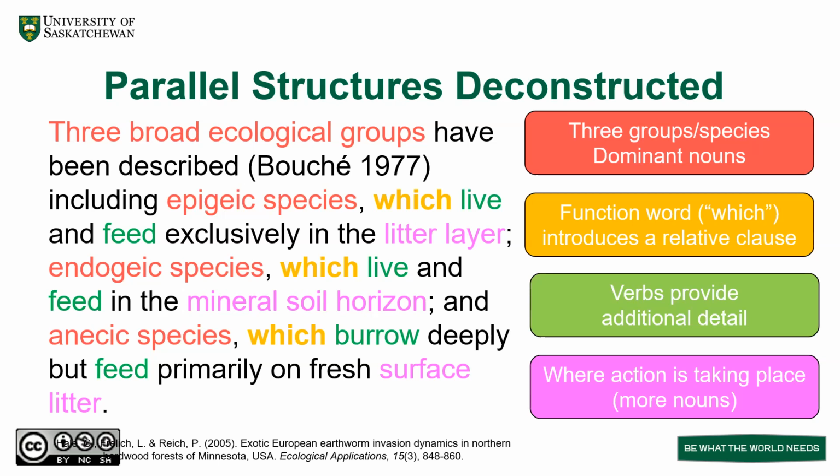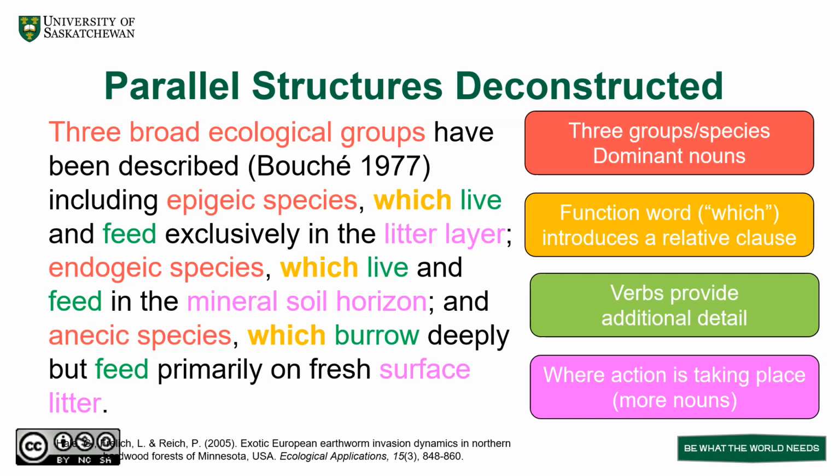Then we have that function word of which is introducing a relative clause in each example. Then we have verbs that are providing additional detail about each species that has been identified: live and feed, burrow but feed. We have a little bit of disruption of that pattern, but because disruption happens at the end of the list, it's less distracting for us.